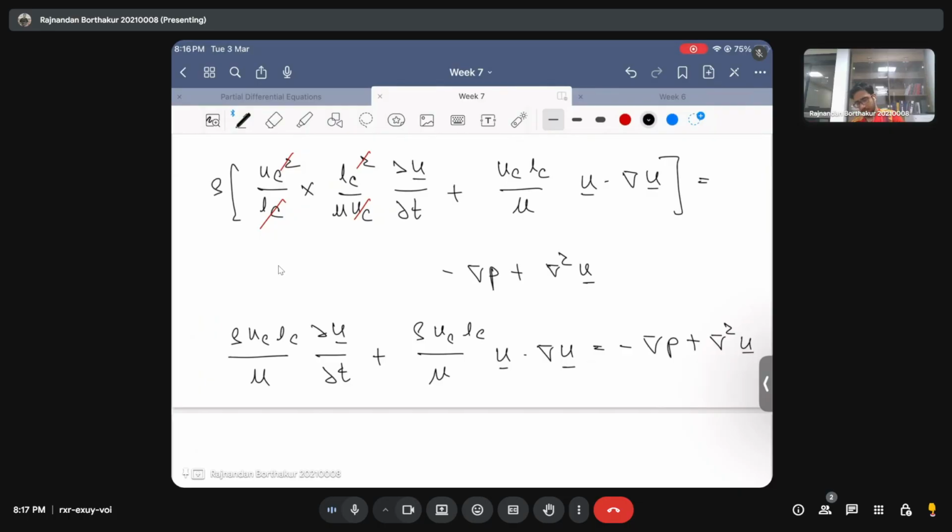Now, this is a well-known number. This is just your Reynolds number corresponding to the chosen length scale, and this is also your Reynolds number. That's exactly what we are seeking: we are trying to bring the Reynolds number into this expression such that we can take the limit of Reynolds number going to 0.